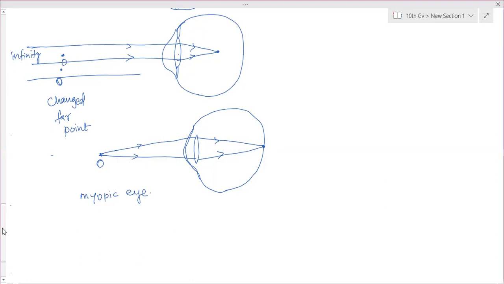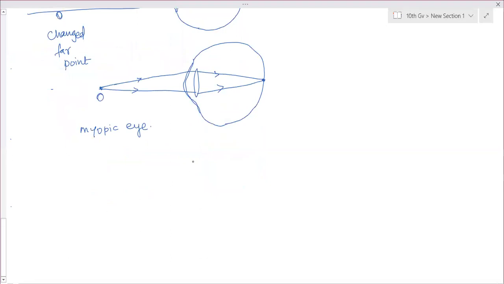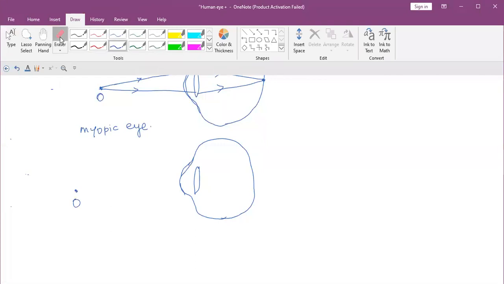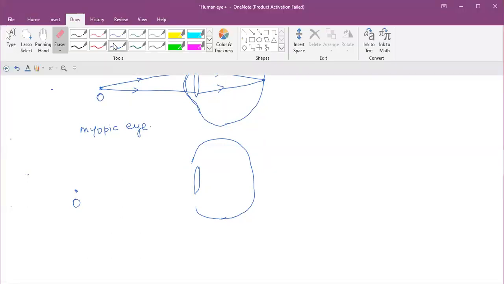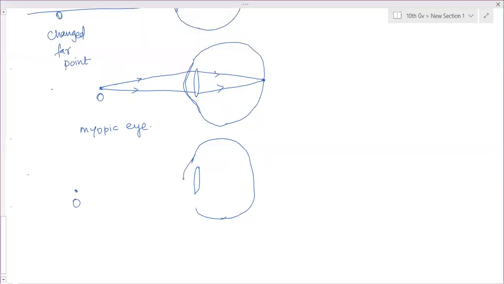Now how is this defect corrected? By using a concave lens of suitable power. So this is the changed far point O. The rays which are coming from here, in front of the eye, you have to place a concave lens.